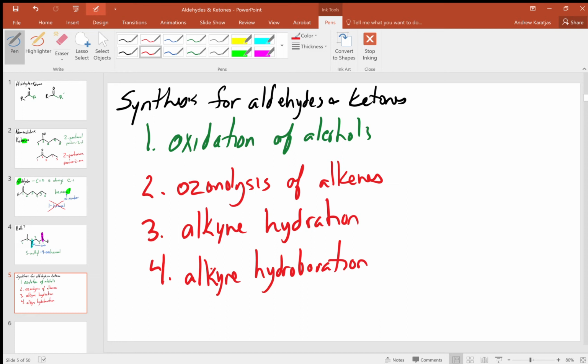So here we're going to focus more on what aldehydes and ketones are good for.